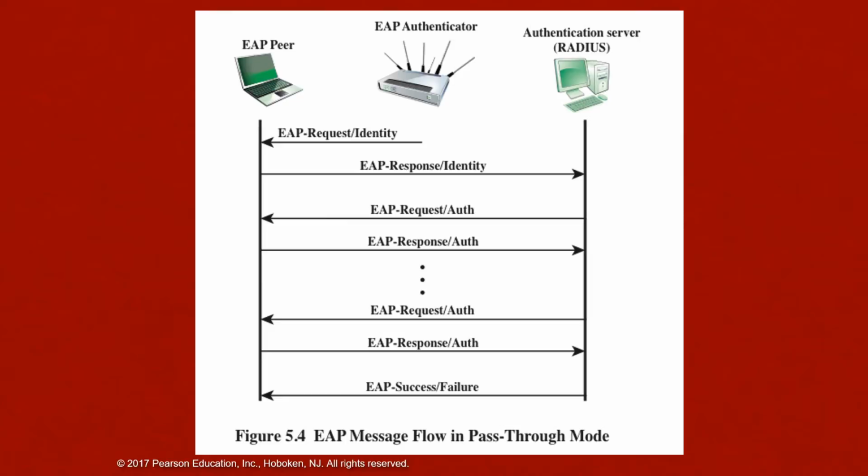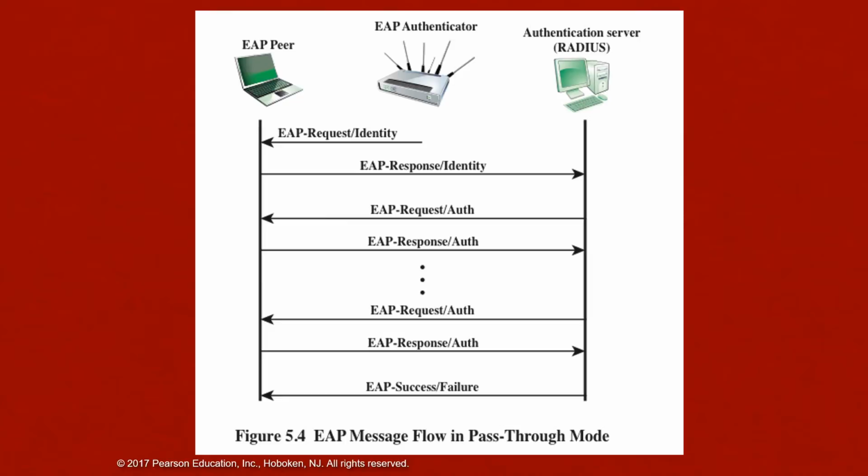Upon receiving the identity response message from the peer, the server selects an EAP method and sends the first EAP message with a type field related to an authentication method. If the peer supports and accepts the selected EAP method, it replies with the corresponding response message of the same type. Otherwise, the peer sends a NAC and the EAP server either selects another EAP method or aborts the EAP execution with a failure message.